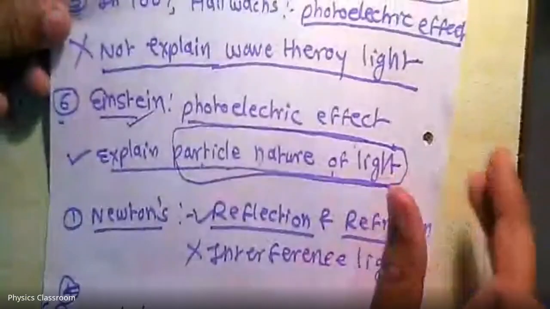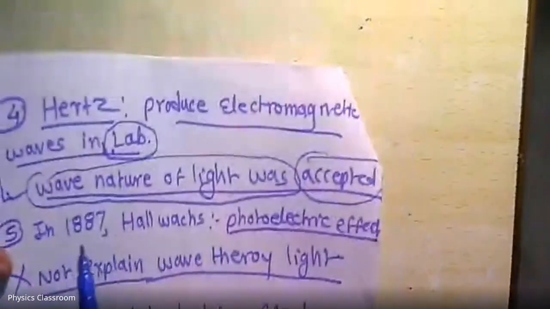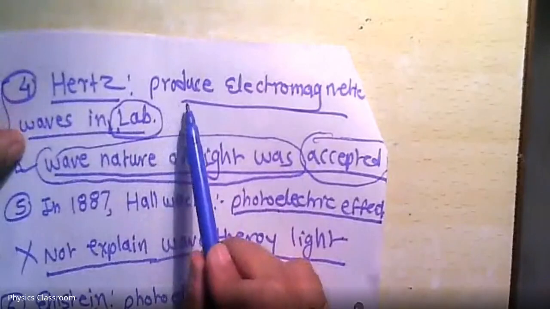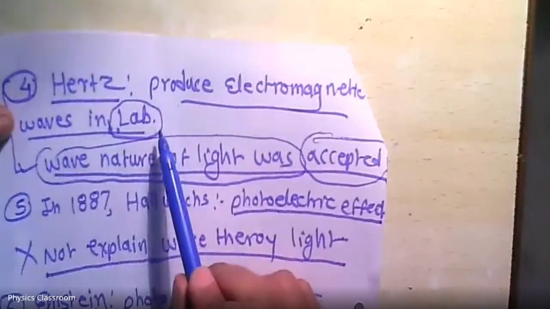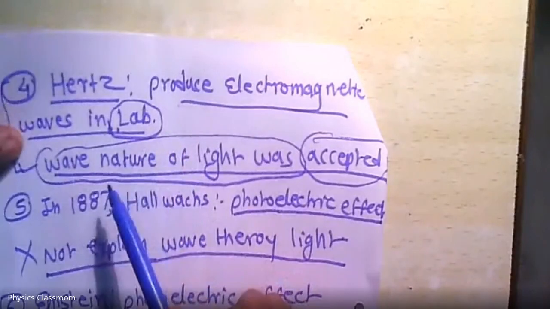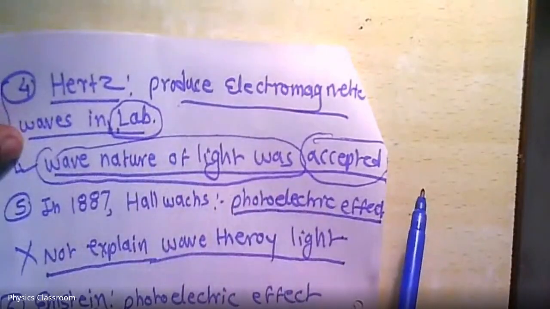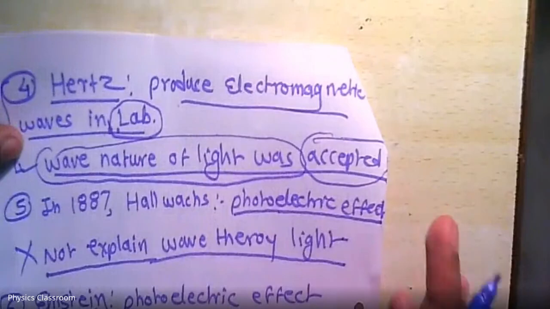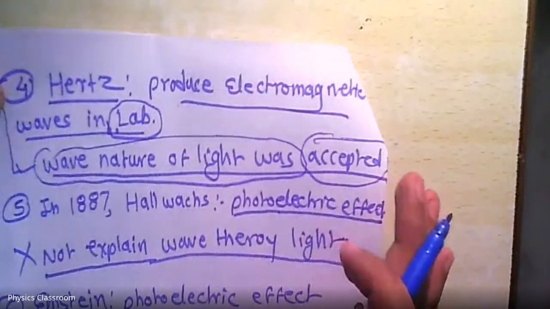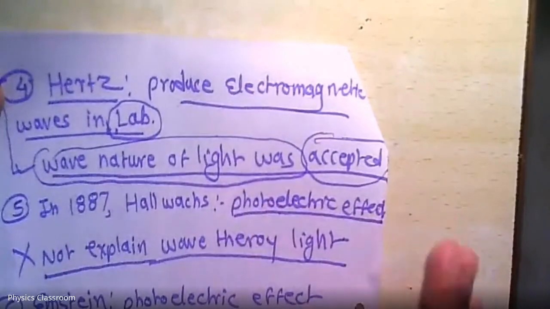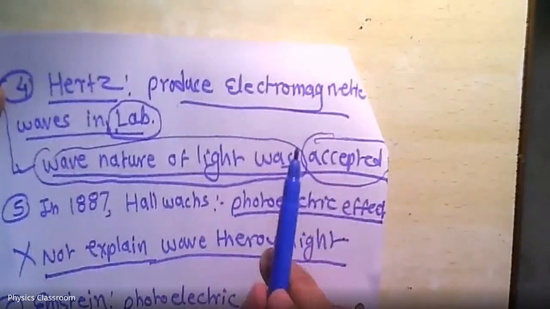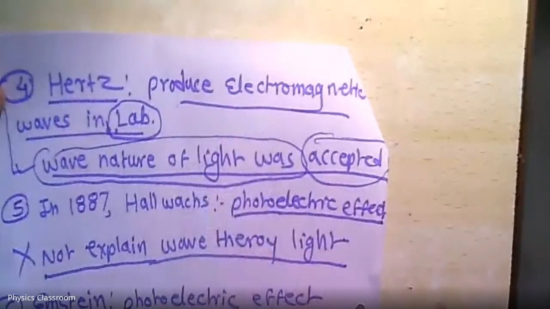The fourth scientist is Hertz, who produced electromagnetic waves in the laboratory. At that time, wave nature of light was accepted. Previously scientists only said wave nature, but no one could produce electromagnetic waves before Hertz. After he did, the world accepted the wave nature of light.